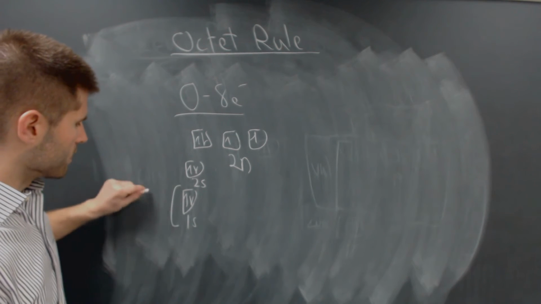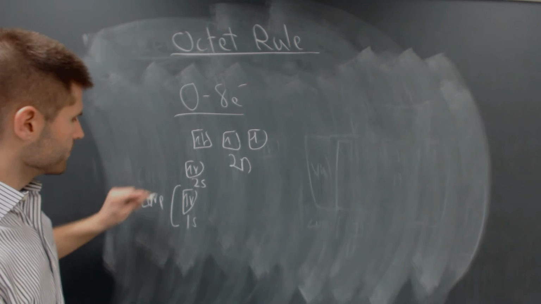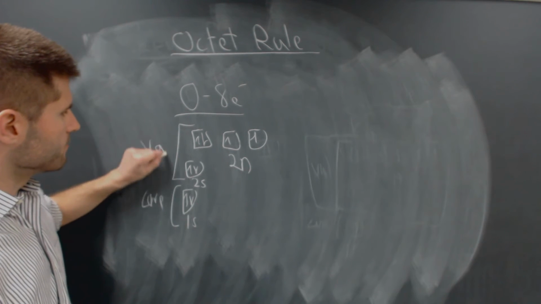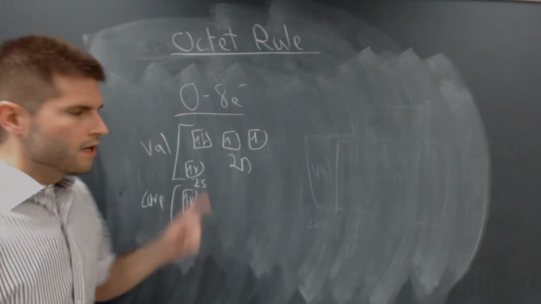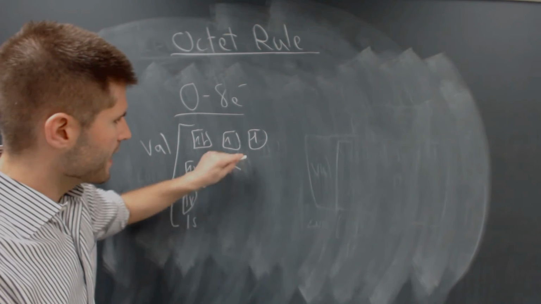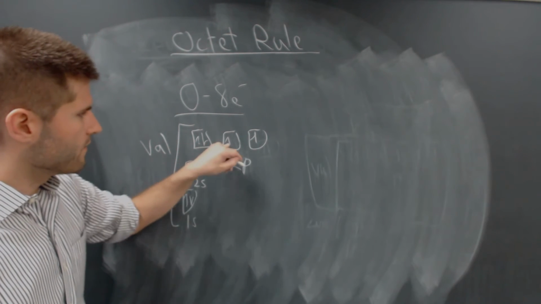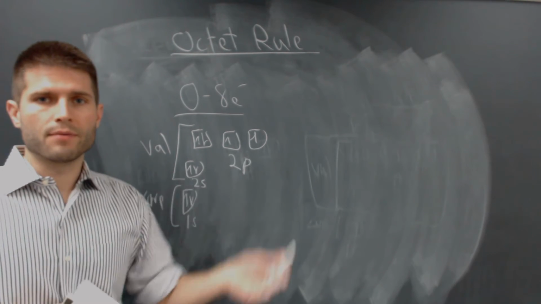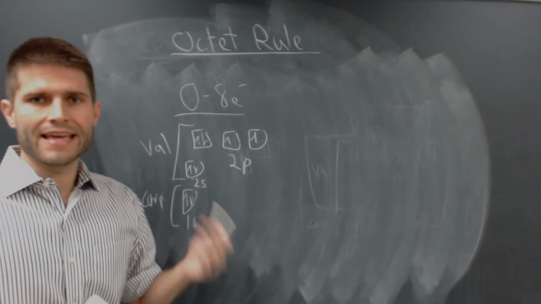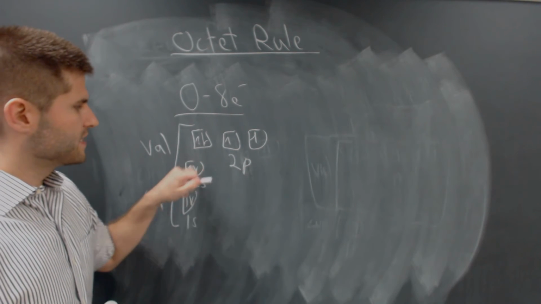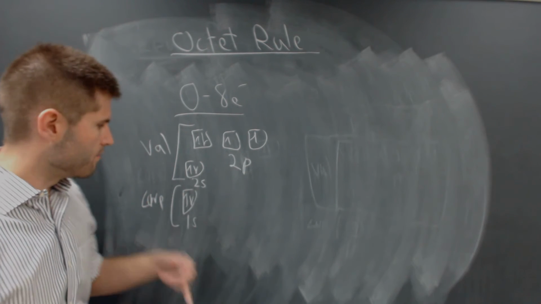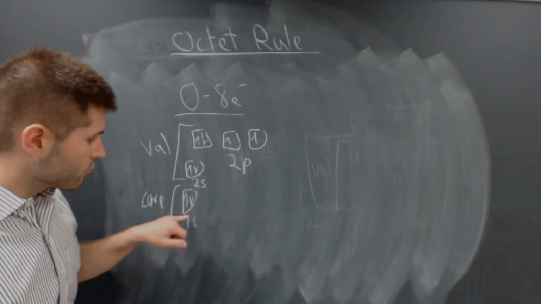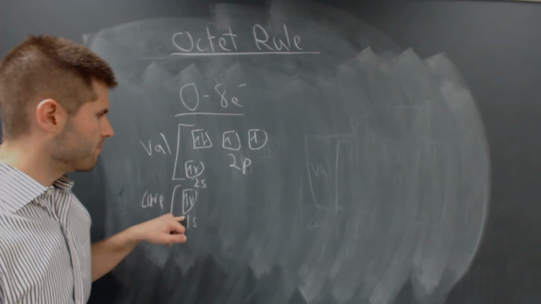This would be our core electrons, and this would be our valence electrons. Look at how many valence electrons we have. 2, 4, 5, 6. We have 6 valence electrons. If we were to give up electrons and make oxygen a cation, we would have to give up 6 different electrons in order to satisfy the octet rule of only having 2 in your outermost shell.